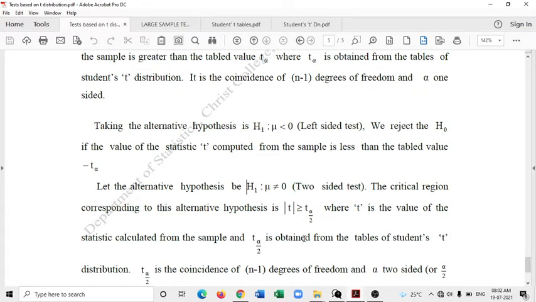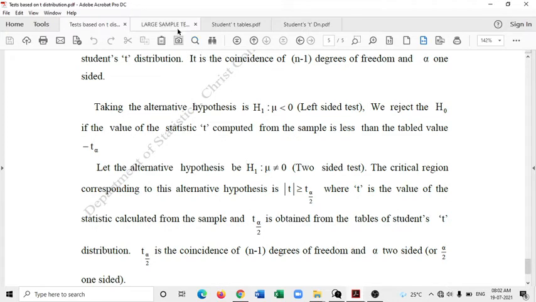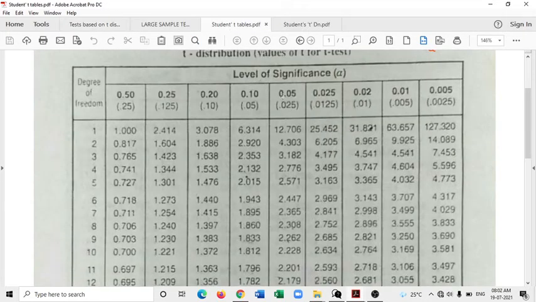It is the coincidence of the degrees of freedom n minus 1 and probability alpha two-sided or alpha by 2 one-sided. The alpha two-sided values are given in the upper row, that is 0.05 in the upper row, and alpha by 2 one-sided, that is 0.025, in the lower row.